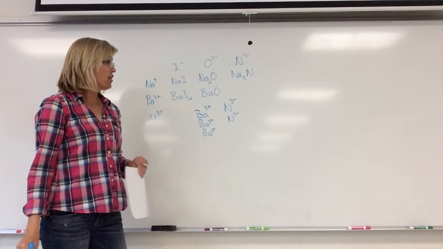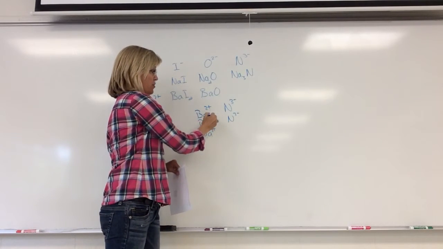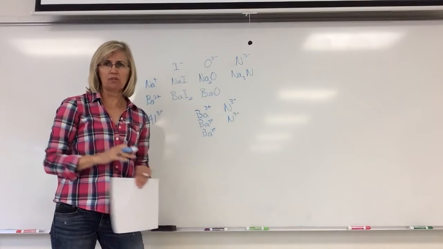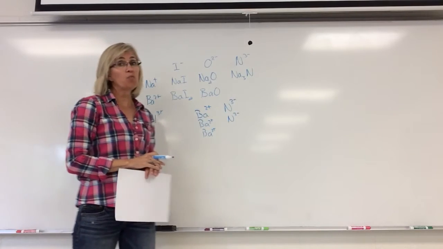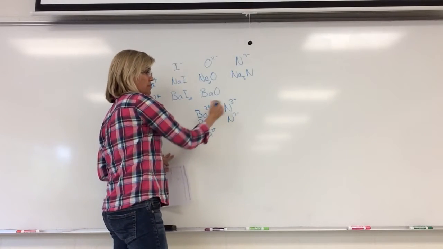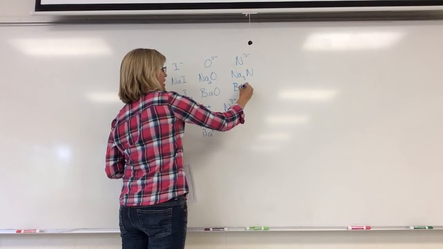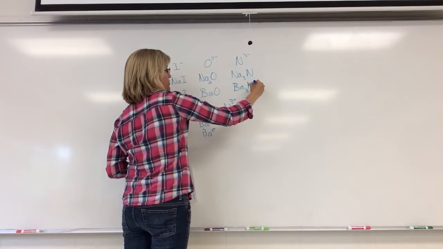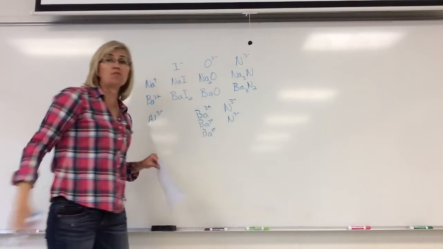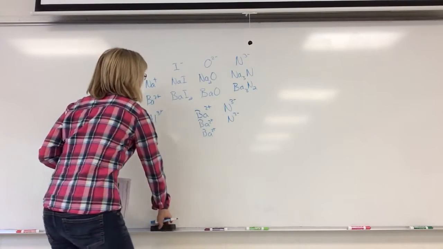Sometimes if the charge is not the same, you can just crisscross the charge. That's a little trick. That doesn't work if the charges are the same, don't try that. But if the charges are different, you can usually crisscross the charge. So the formula is I need 3 bariums for every 2 nitride to be neutral. So that is the formula for barium nitride.